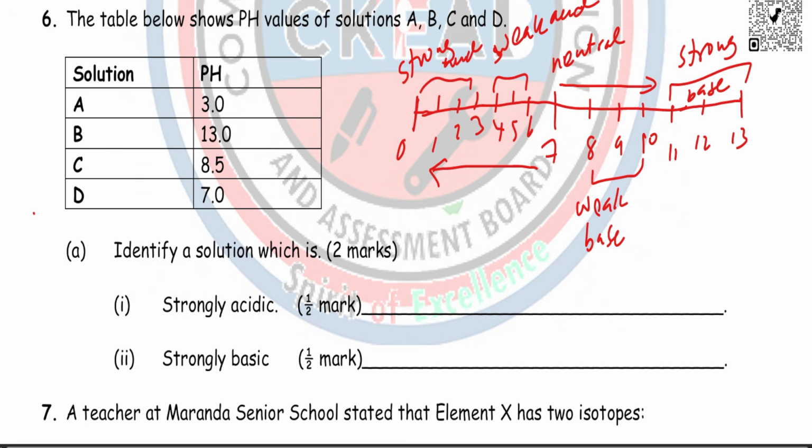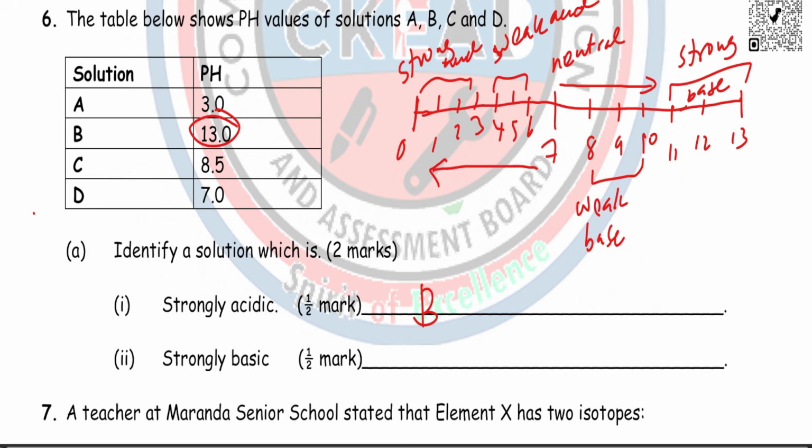So, identify a solution which is strongly acidic. We said 11 to 13, and that solution should be B, because it has a pH of 13. Strongly basic, obviously.